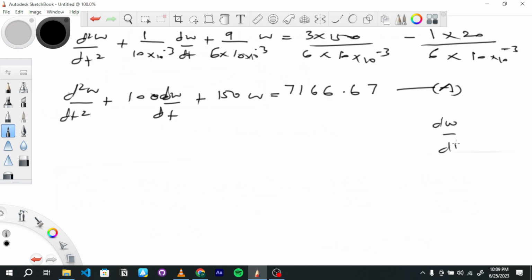The d omega dt is 0. So at steady state, this term goes to 0. It means there's no second change either, because if d omega dt is 0, then d squared omega dt squared is also equal to 0. So first thing, find the final steady state speed.